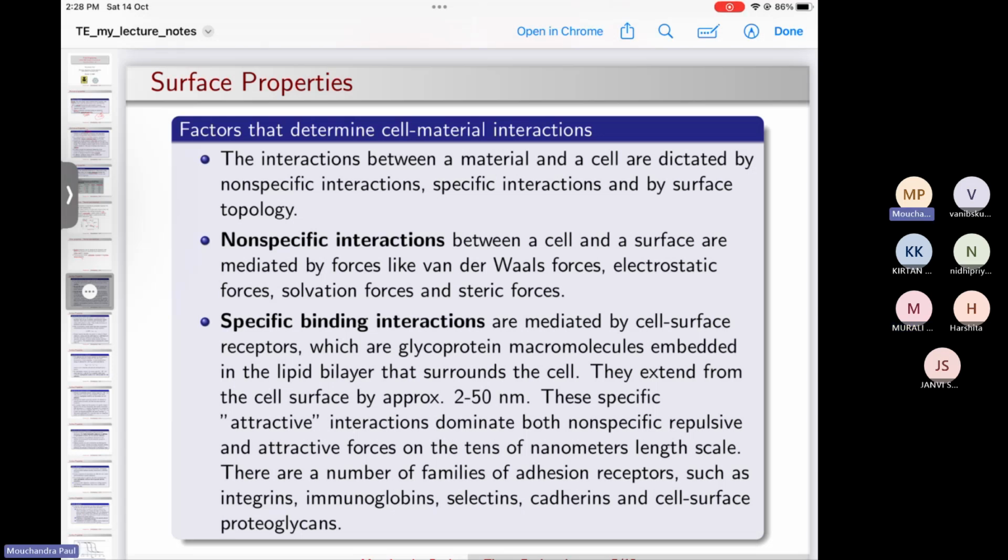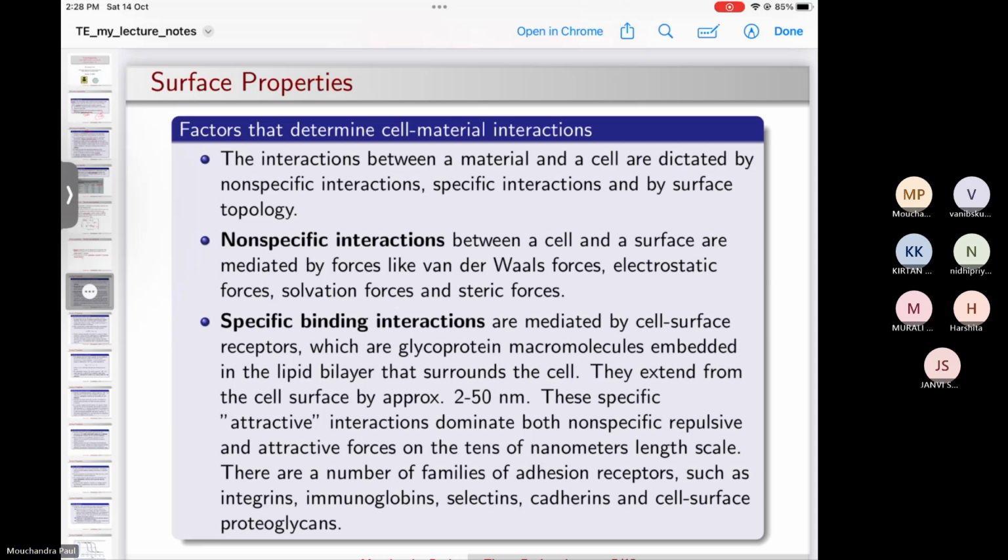Thanks. So now we will start with another class of properties that people look into for a biomaterial, that is surface property. The surface, you can understand as the interface on the solid, okay? The solid-air interface, that is the surface.